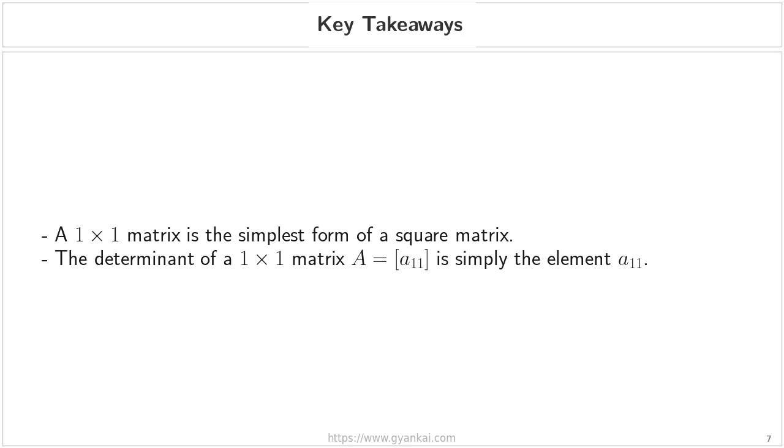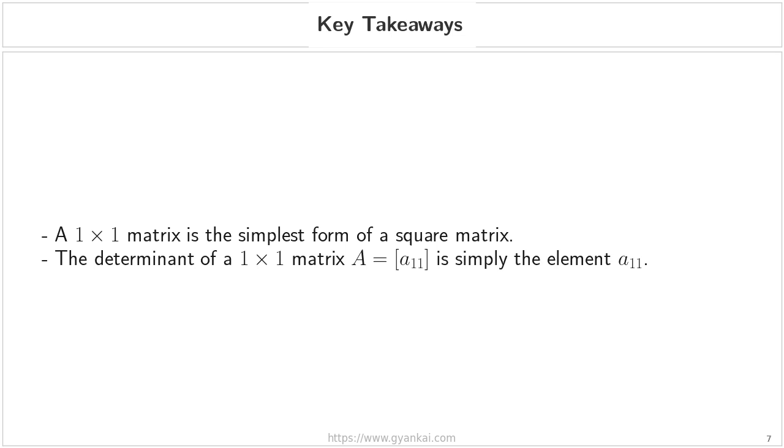Key takeaways. To wrap everything up, let's review the key takeaways from today's lesson. First, remember that a 1x1 matrix is the most basic and simplest form of a square matrix you will encounter. As we saw in our earlier slides, it consists of just a single row and a single column. Second, the rule for finding the determinant is incredibly straightforward.